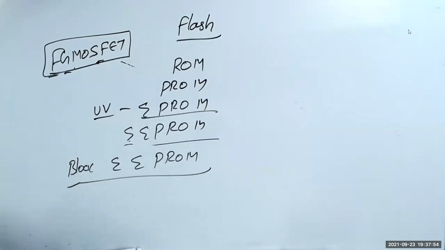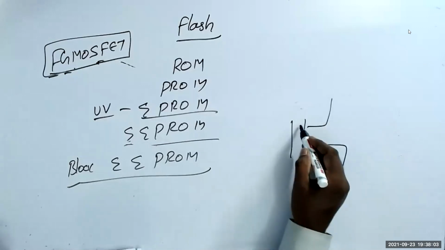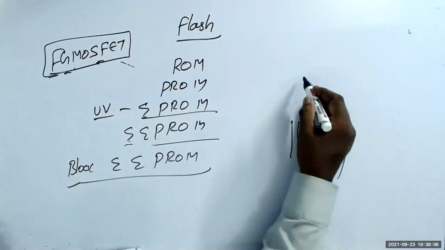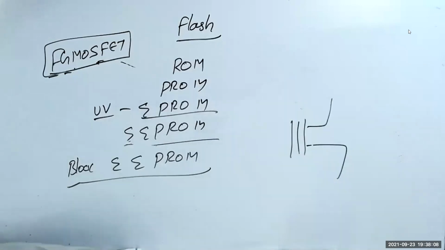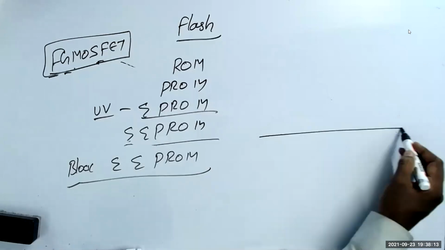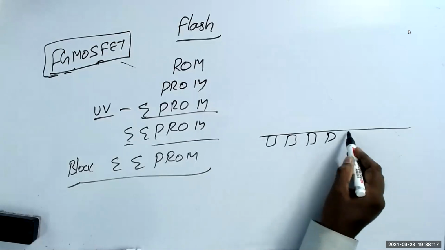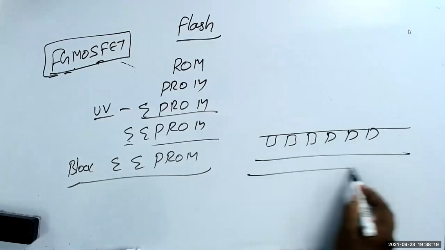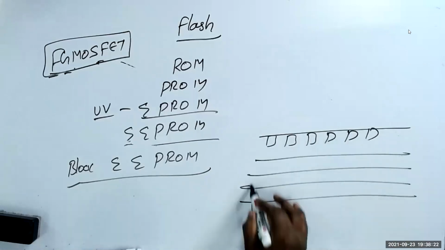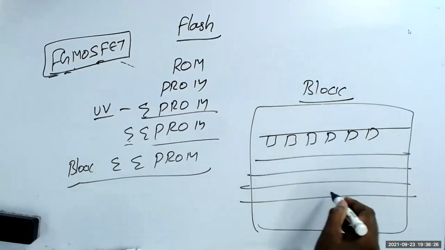This block electrically erasable PROM is the one which had so many of them. I can erase all of them. That means in every row, I have so many bits. Like that, I have so many bytes. Together, I call it a block. I can erase a block.